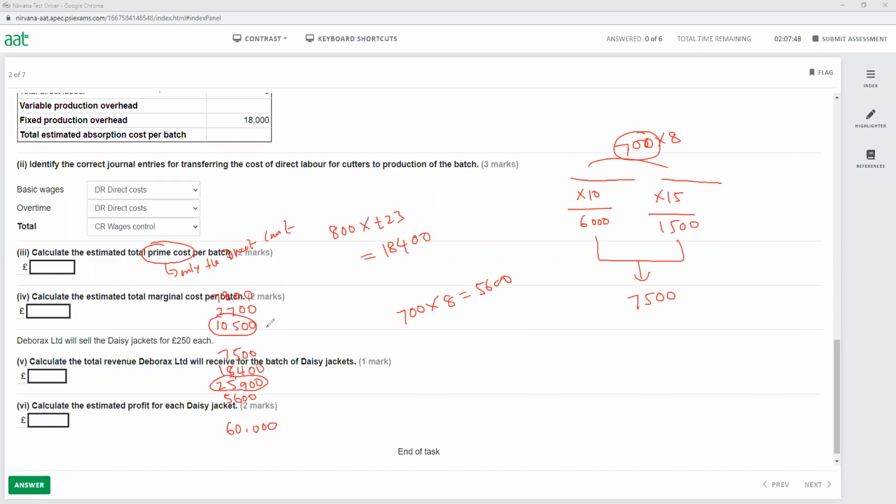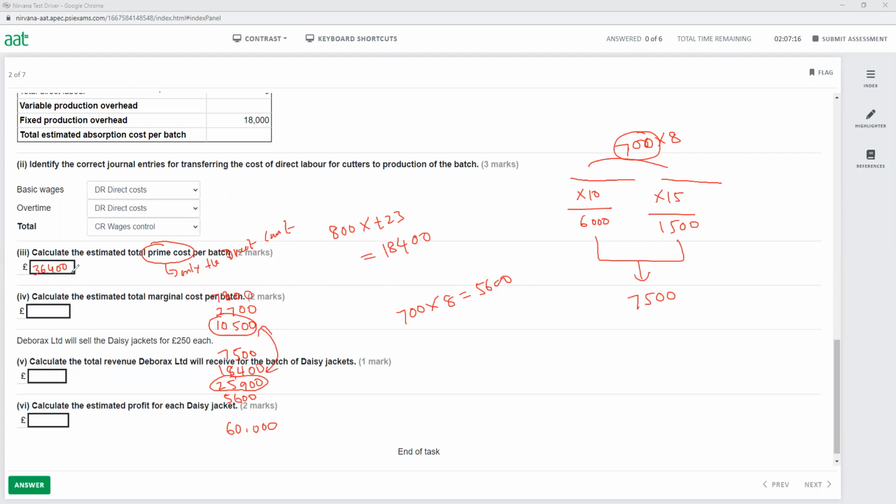These two are our direct cost. If we add these two, that will give us 36,400. This is our prime cost. As soon as you see the question asking for the prime cost, that means it's only the direct cost.